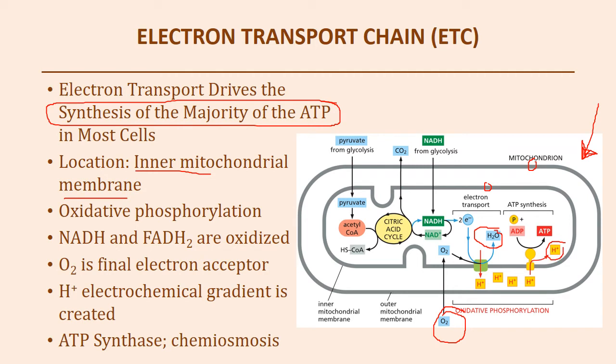As they're pumped across the membrane, they create a gradient with an area of high versus low concentration. And that is going to be utilized as an energy source to allow for the phosphorylation of ATP molecules.